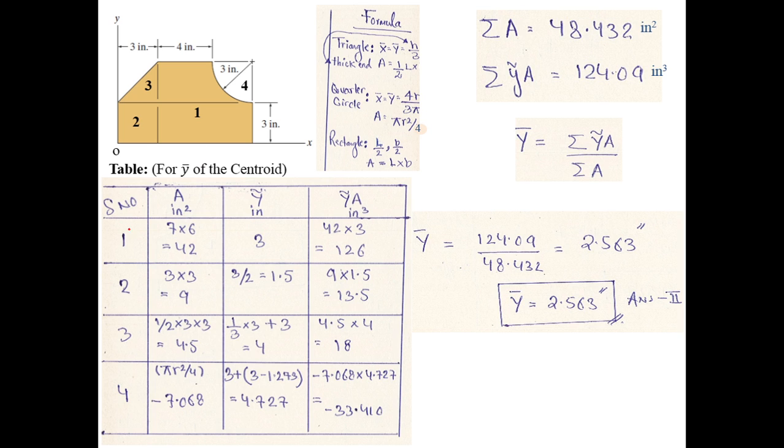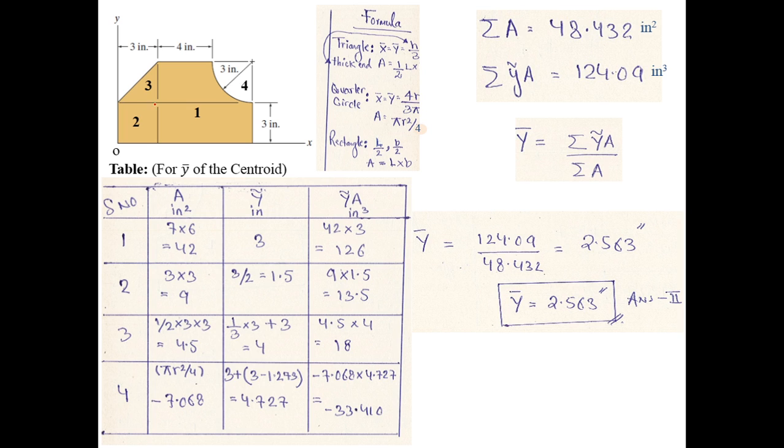Again, shape number 1 is a rectangle, so this is 3 inches. This side is 3 plus 3, 6, so y tilde measured from the origin is 3 inches. Then for number 2, this dimension is 3, so 3 by 2 is the y tilde for this shape, that is 1.5.